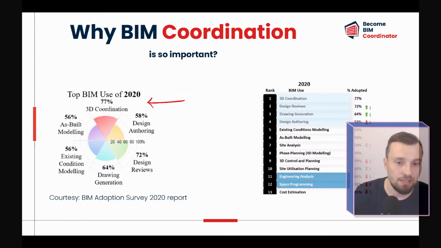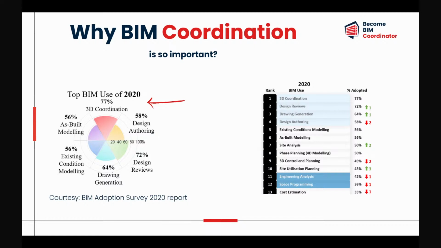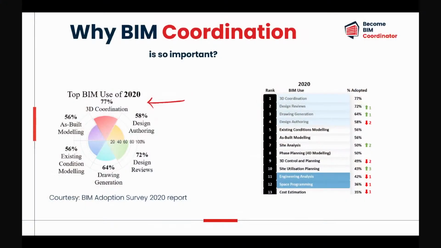As you can see here, this slide presents two graphs, okay? And both of them are taken from the BIM adoption survey created by the Hong Kong Construction Industry Council. And from this report, we can easily see that 3D coordination of the model is the most popular BIM use ever, okay?